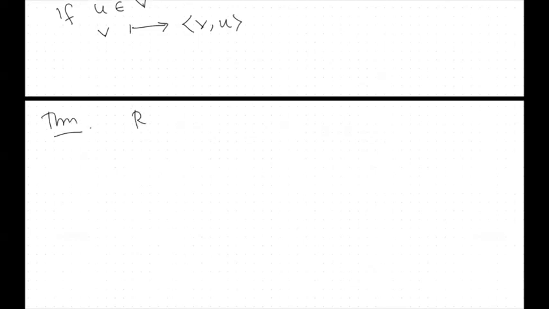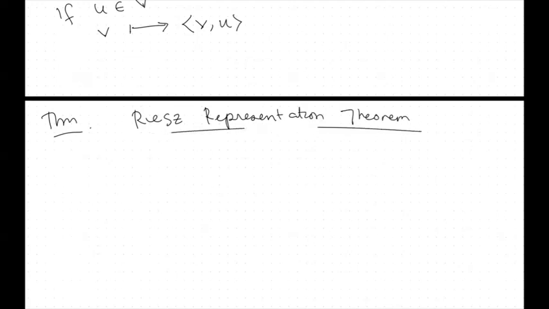Call this the Riesz Representation Theorem. And here there is just an existence of this unique vector, but in the proof we will provide what really is this unique vector. We will provide a construction of this vector U.